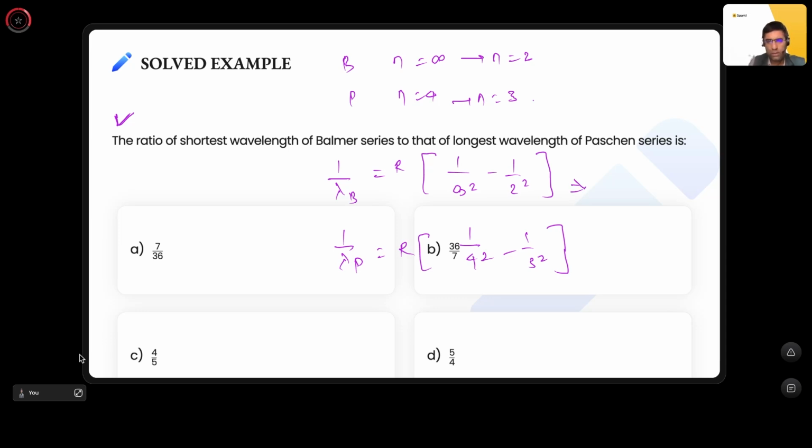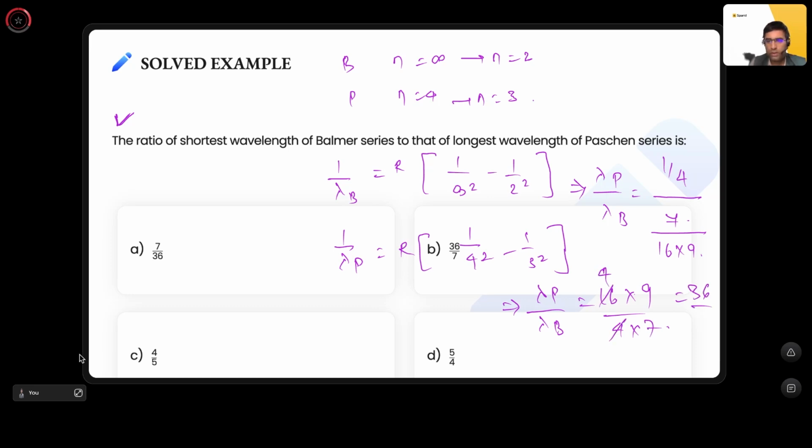You get the same answer. So lambda Paschen upon lambda Balmer will come out to be 16 into 9 upon 4 into 7.